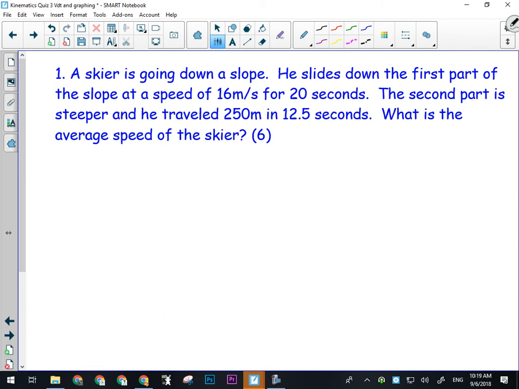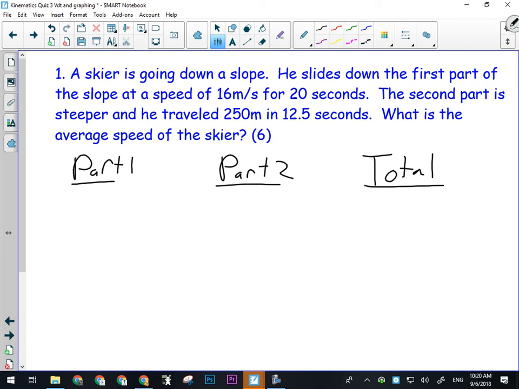We have to write down our givens, but we have to split it up into part 1 and part 2 and then into the total, because this is going to be one of those average velocity is total displacement over total time type questions. For part 1, the average velocity is 16 meters per second downhill, and that happens for 20 seconds.